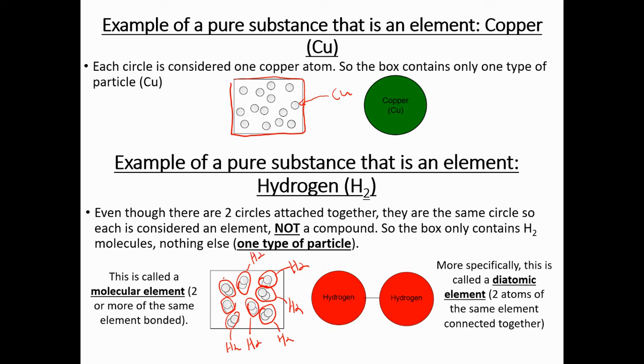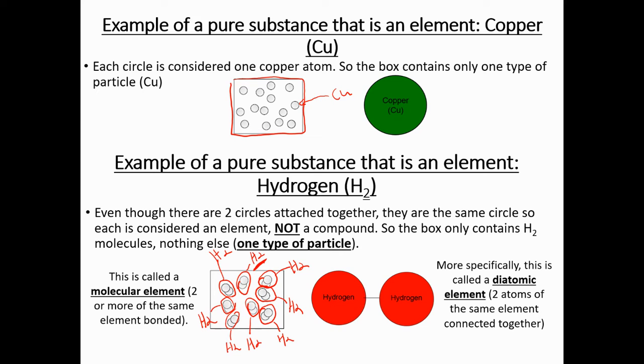So if you have just hydrogen gas in a flask with nothing else in there, like if there's no O2, no other mixture, if you somehow manage to only get H2 in a flask, that would be considered a pure substance. If you have a copper wire and it's only copper, it's a pure substance. So again, this is not a compound because it's two of the same elements connected to each other.